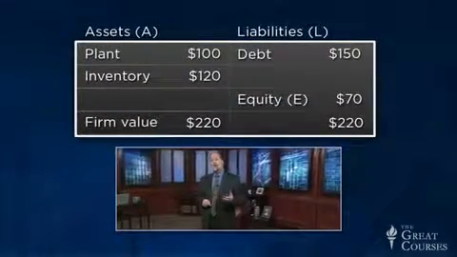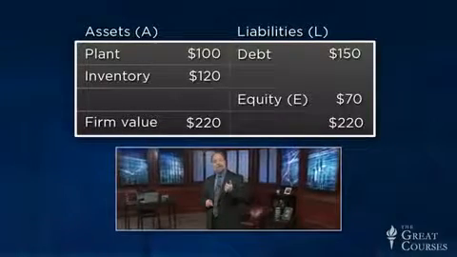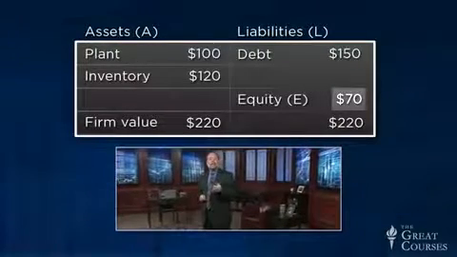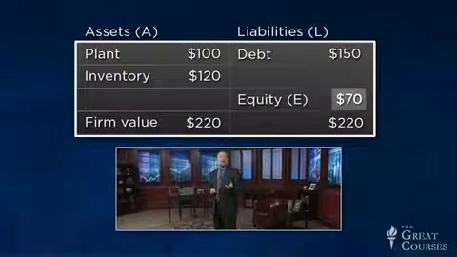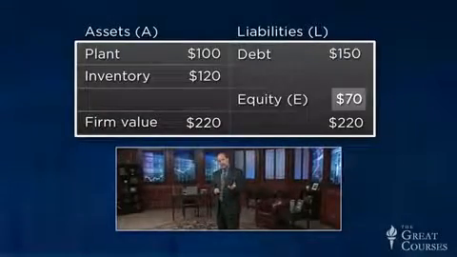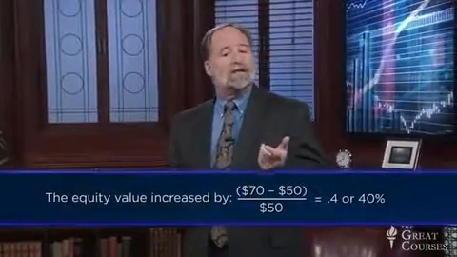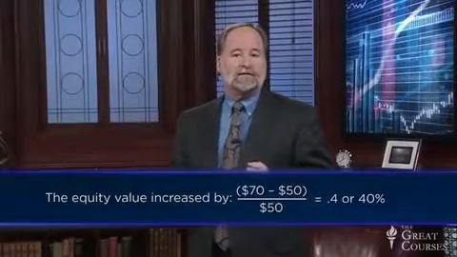When the assets increase in value to $220 million, the equity value rises to 220 minus 150, or $70 million. This happens because the value of the debt remains at 150, because it is risk-free, and it is still risk-free. When the good news arrived, the equity value increased by 40%: 70 minus 50, divided by 50, is 0.4, a 40% increase.